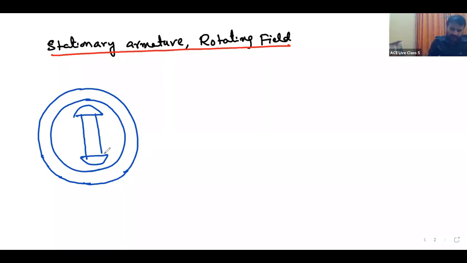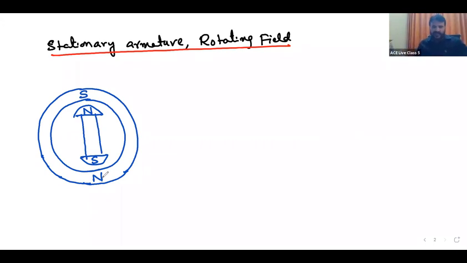This is north pole and south pole. Rotor poles are excited with DC, and this is the south pole of the stator, north pole of the rotor.